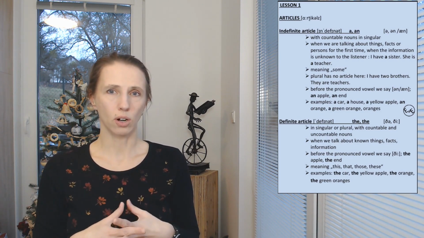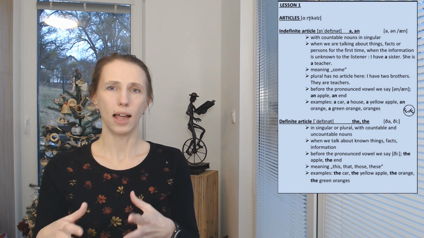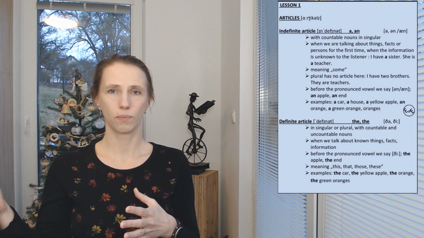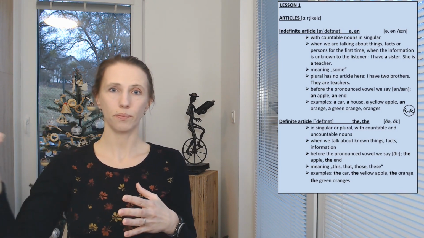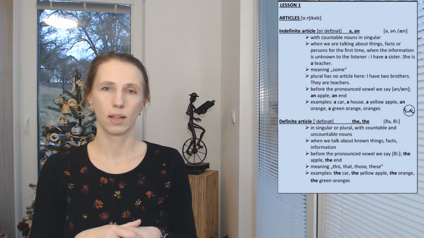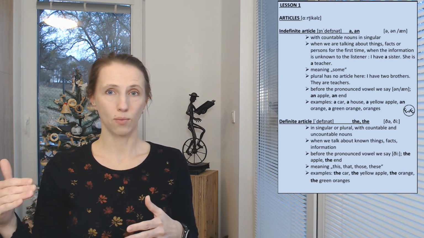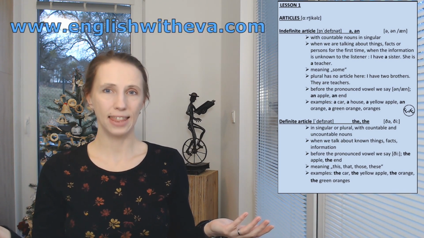The doctor is very good. I like the house. Means something like I like that house or this house. Before the pronounced vowel we say thee, so this is the end.